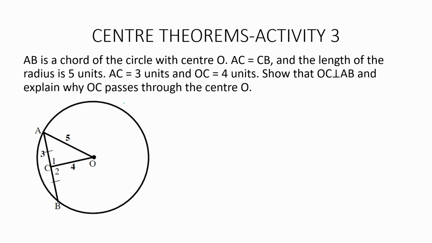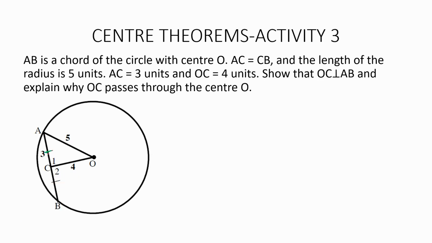Welcome back, learners. AB is a chord of the circle with center O. AC is equal to CB. Do you see that? It's given. Let me pick a red color because it's a bit clearer.